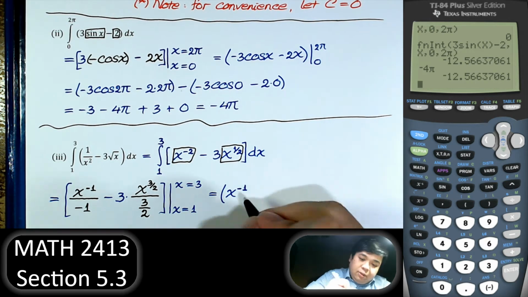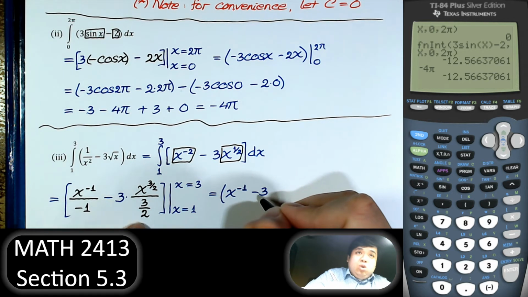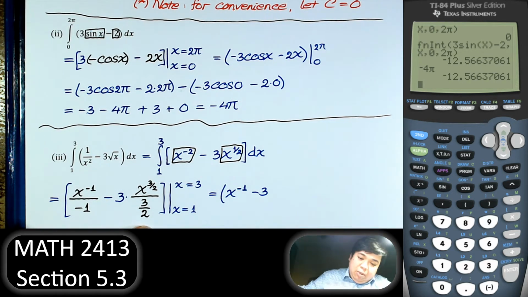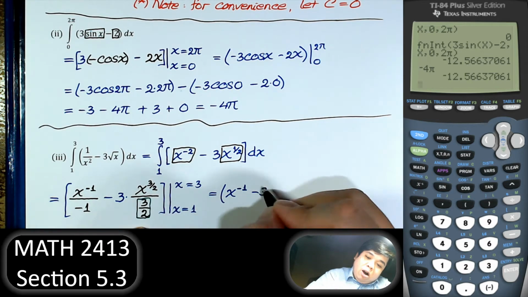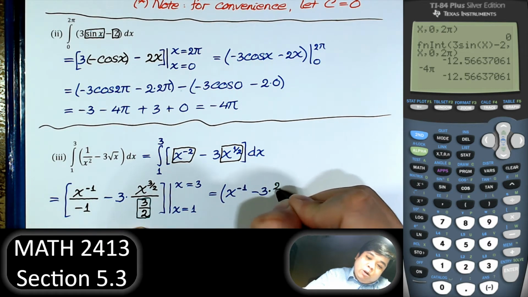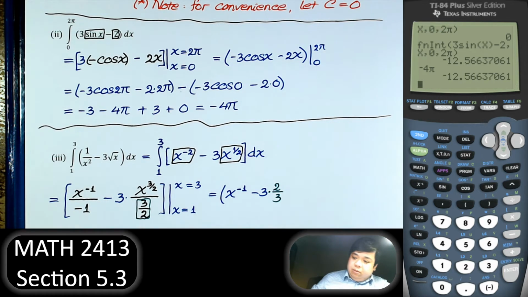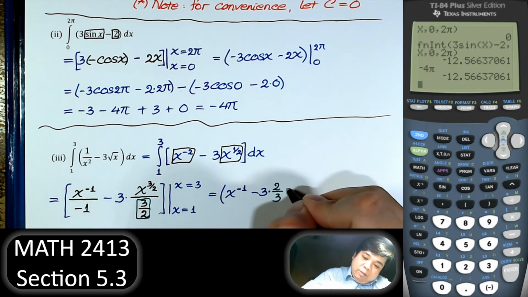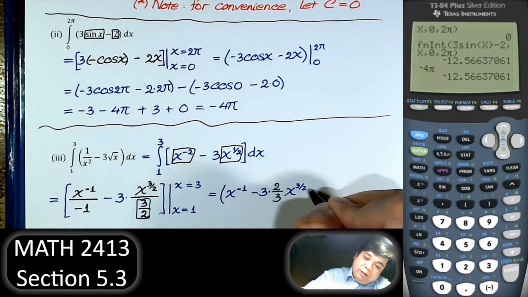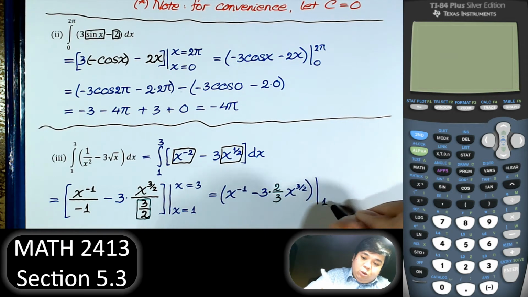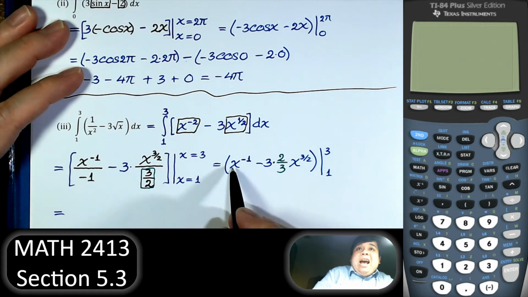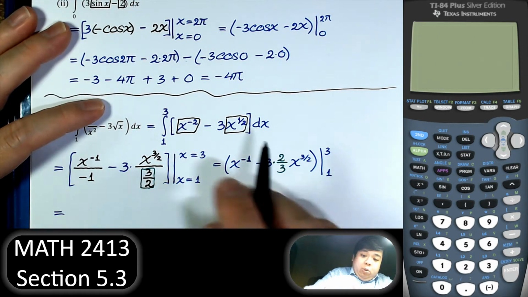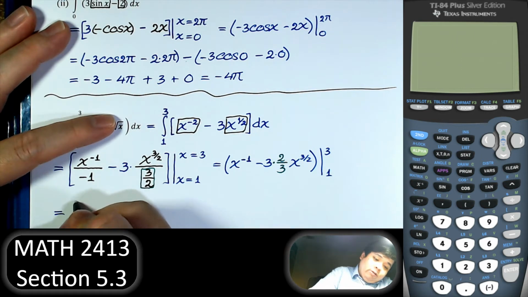Next, to simplify the numbers here, remember from section 4.9, if we have 3/2 at the bottom, that means we multiply by the reciprocal. And then we have x to the 3/2, going from 1 to 3. Now, x to negative 1, we can flip it and it becomes 1 over x.